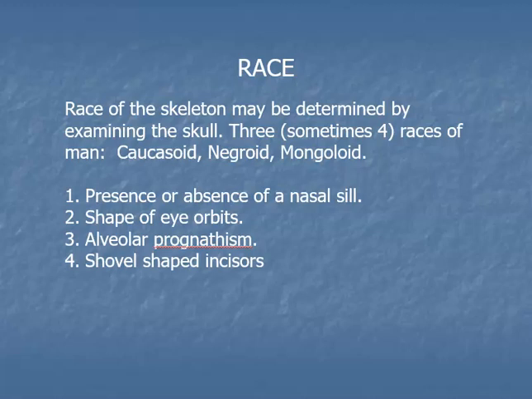But anyway, shape of the eye orbits. For Caucasoids, you have an oval type shape eye orbit. Negroids tends to be a little bit oval, sometimes more round. Mongoloids is a very round eye orbit.